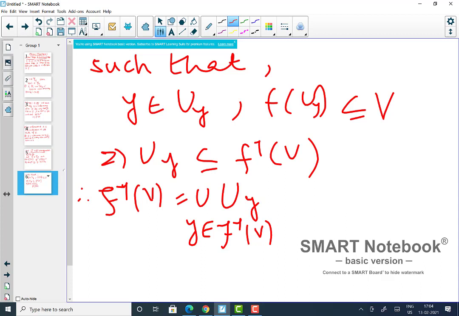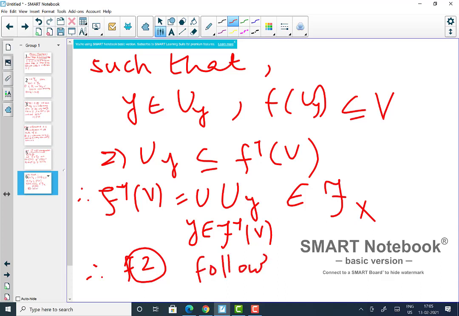Why done? Because each U_y is an open set, and an arbitrary union of open sets is open, so this is an element of the topology of X. That means f inverse V is open, and thus definition 2 follows. So 1 implies 2 is proved.